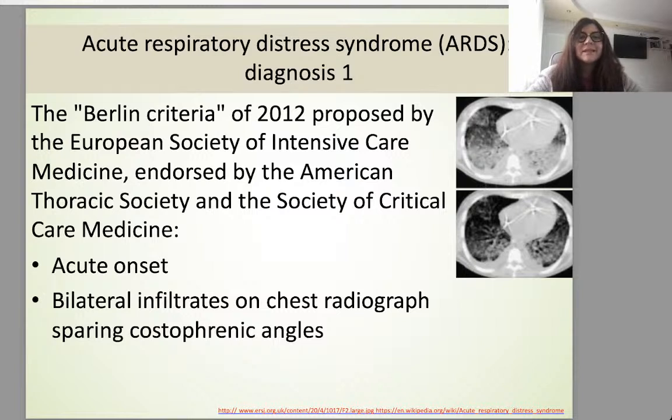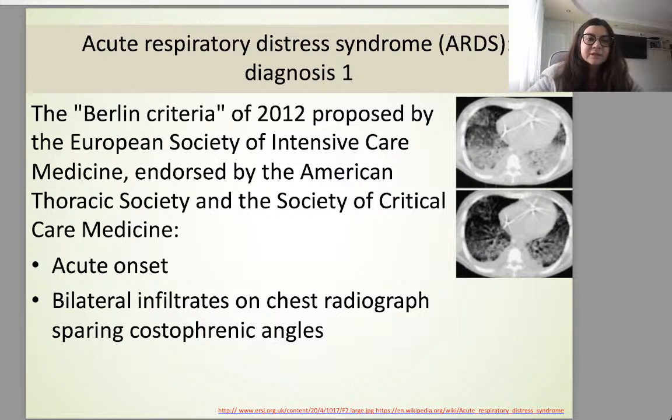We have the Berlin criteria of 2012, proposed by the European Society of Intensive Care Medicine, endorsed by the American Thoracic Society and Society of Critical Care Medicine. They are usable for diagnostics of acute respiratory distress syndrome.